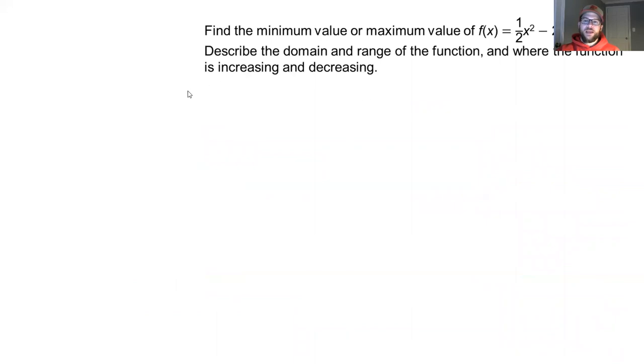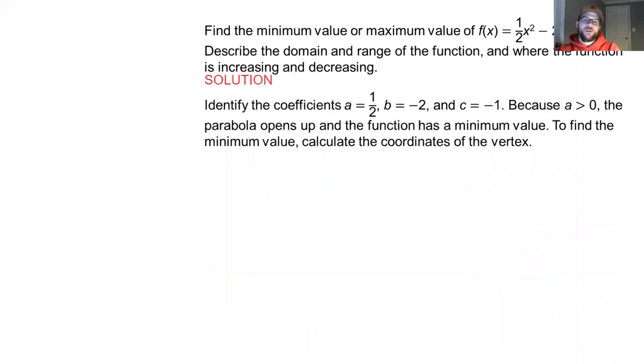So let's go ahead and find the minimum or maximum value of this parabola, 1/2 x squared minus 2x minus 1. Talk about its domain, range, and then where it's increasing or decreasing. So first we need to identify our a, b, and c. So our a is 1/2, b is -2, c is -1.